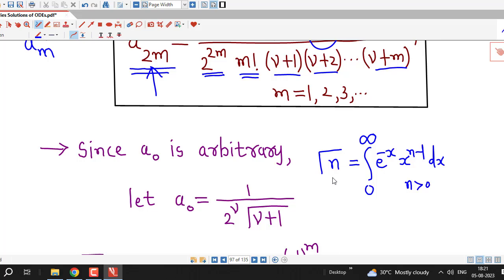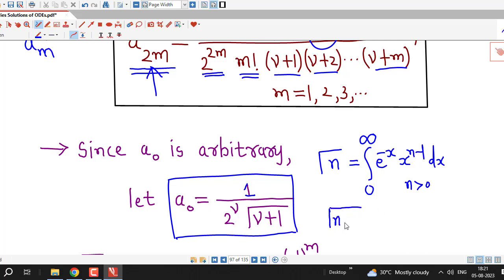So they are using this gamma function in the choice of this arbitrary constant A0. So they have taken A0 as 1 over 2 raised to nu times gamma nu plus 1.